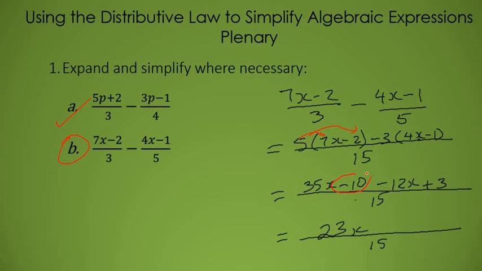So it's negative 10 plus 3. And of course, they have different signs, so we subtract. And so 3 from 10 gives us 7. And since we have more negatives, our answer will be a negative. So it's 23x minus 7 over 15 as our solution. And so our final solution is 23x minus 7 over 15.